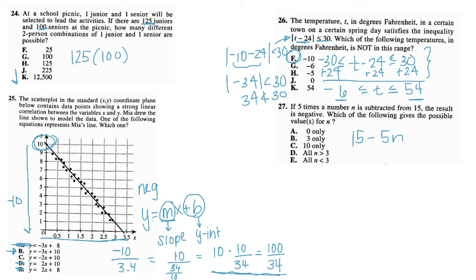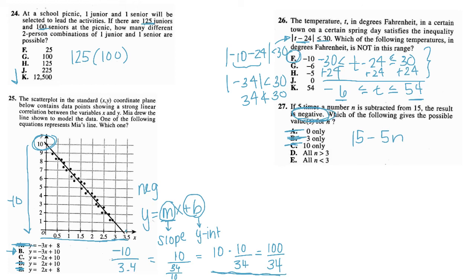And I wanted my answer to be negative, so it's not going to be that. If I plug in 3, I get 0. 0 is not negative or positive. If I plug in 10, I do get a negative, but I'm pretty sure I could plug in 11 and 12 and 13. So C is tempting, but it's still not going to be the right choice.